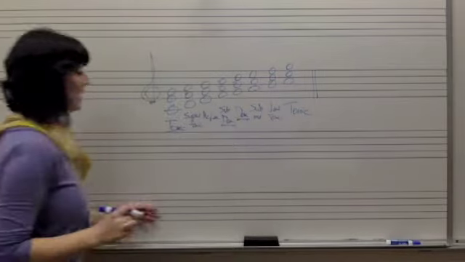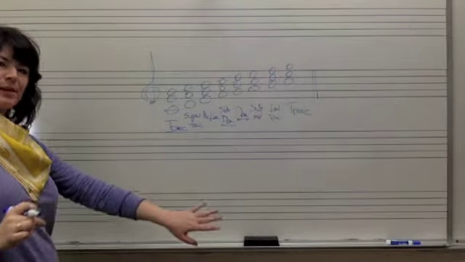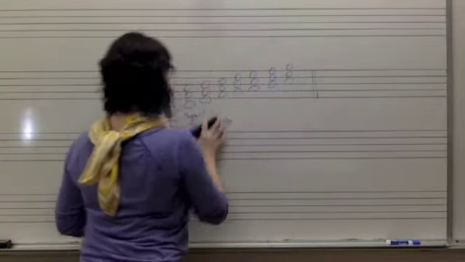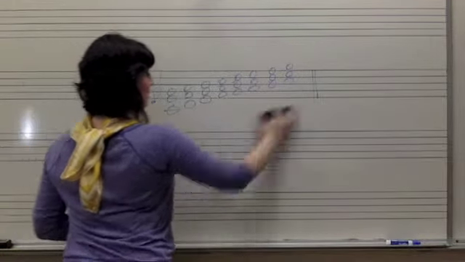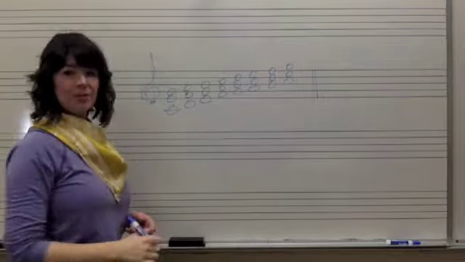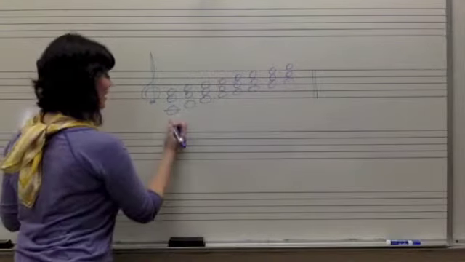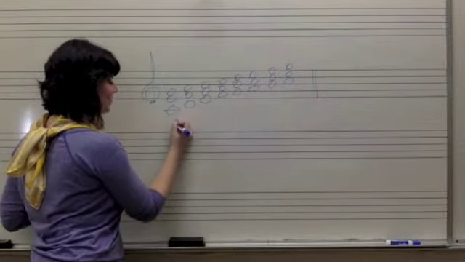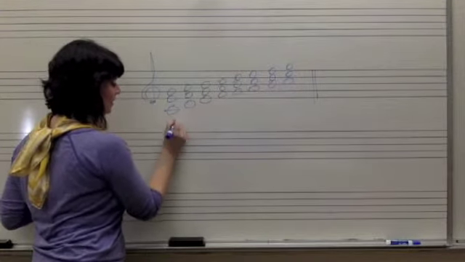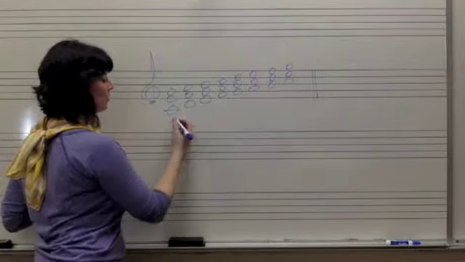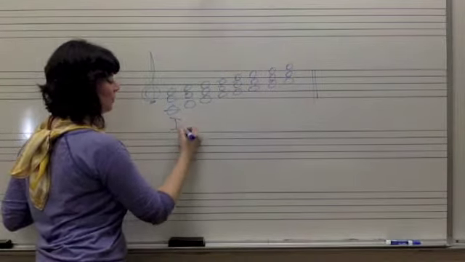Now the other thing we do with these chords is we actually assign them numbers. Very straightforward. And they are going to be Roman numerals, so if you're not familiar with Roman numerals, you will be soon. So this is going to be a 1 chord. You just do 1, 2, 3, 4, 5, 6, 7, and then back to 1. And you just do them all in Roman numerals.